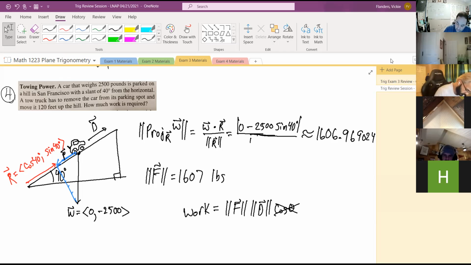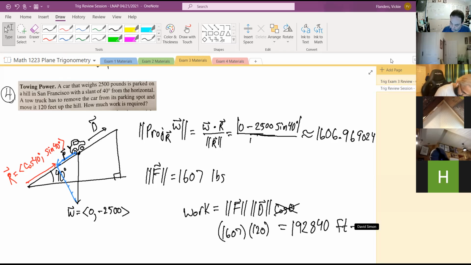So all I'm doing here is 1607 times the 120 feet, right? And I'm going to get 192,840 foot-pounds.